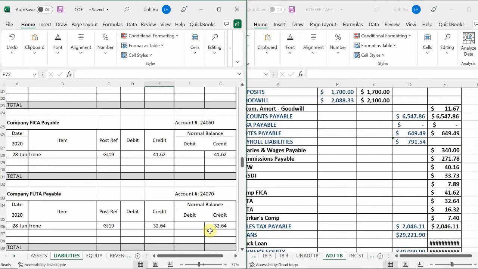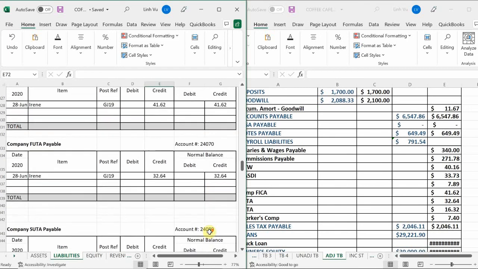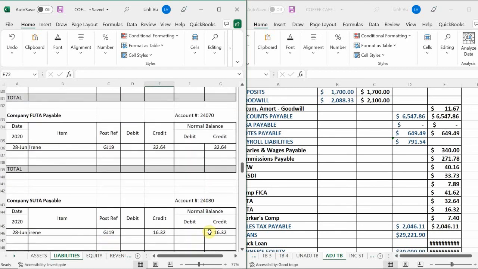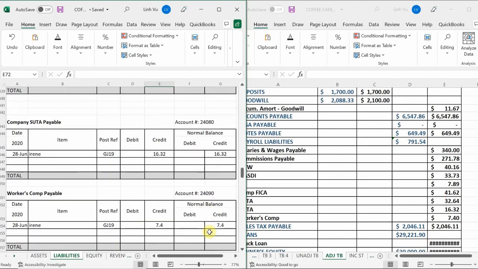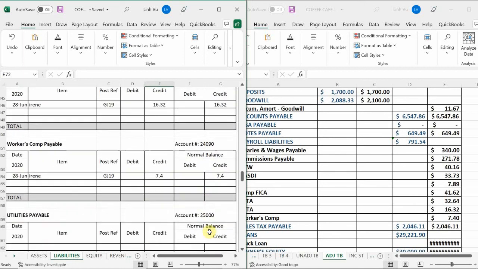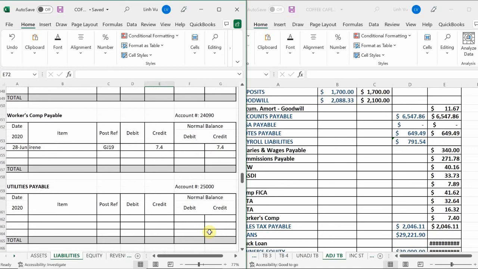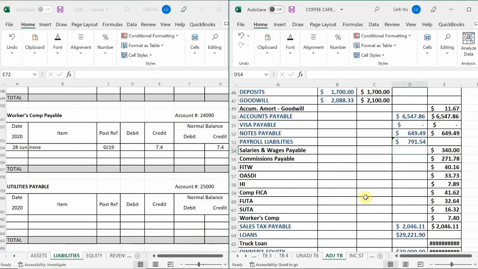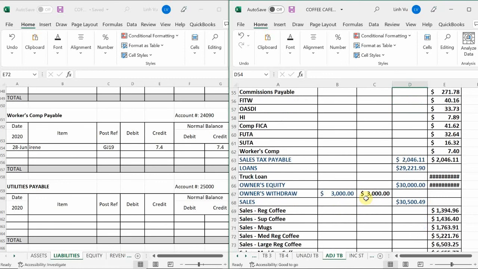My company FICA is still $41.64. My FUTA is still $32.64. SUTA is still $16.32, and workers' comp is still $7.40. Okay, so those are all good. So I can go ahead and skip forward.